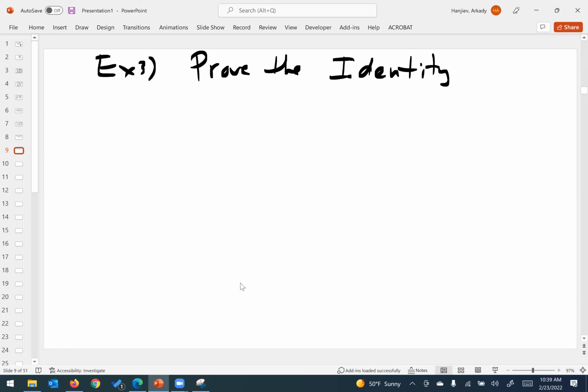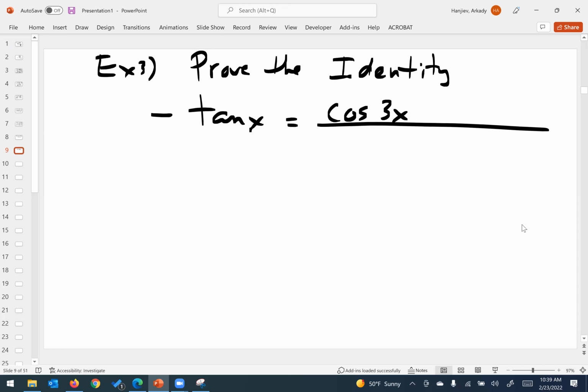Okay, prove that this is true: negative tangent of x is equal to cosine of 3x minus cosine, over sine of 3x plus. We always give you guys a minute here. You're going to have to use what we've been learning. You just have to make that fraction get really complicated and then simplify it.